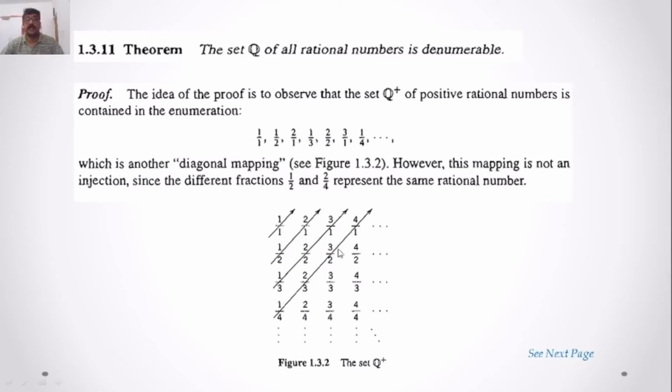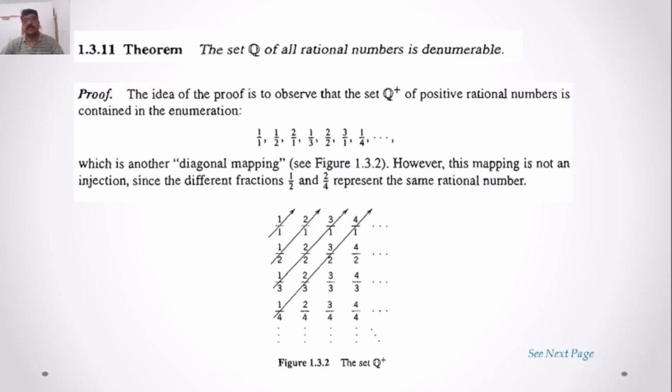Likewise, any p/q rational is actually in the (p+q-1)th row as the pth element. See, 3/2 is here: 3+2-1, that is the 4th row, third element. So this way we can say that Q plus, the set of all positive rationals, is a sequence, hence it is a denumerable set.